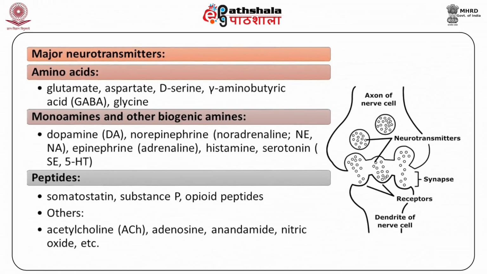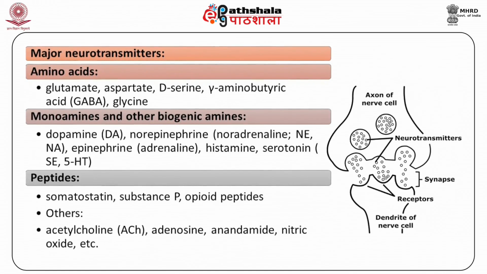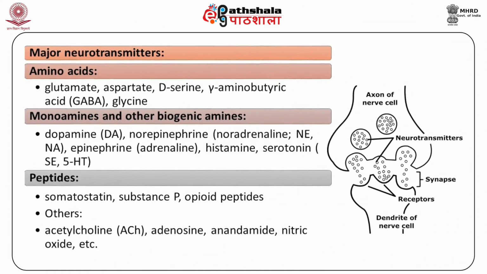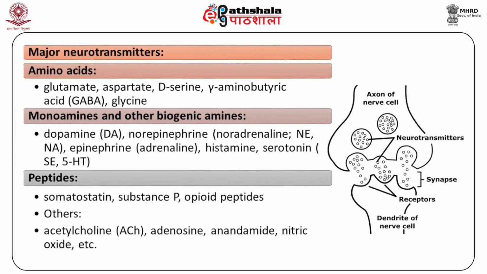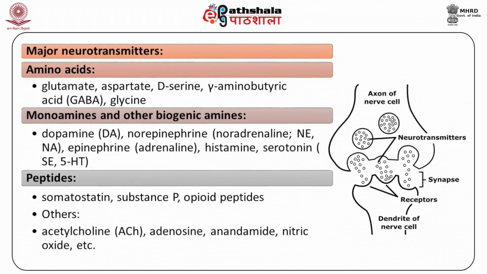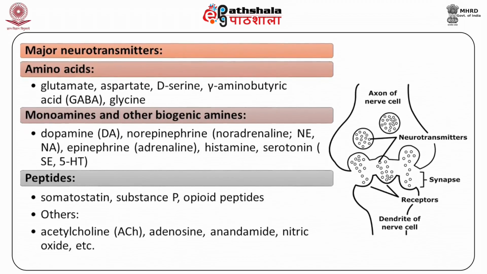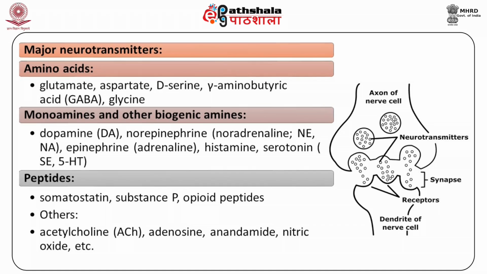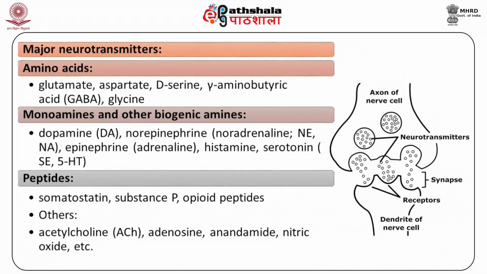Monoamines and other biogenic amines include dopamine, also known as DA, norepinephrine, also known as noradrenaline, NE and NA, epinephrine, also known as adrenaline, histamine, and serotonin, also known as 5-HT.